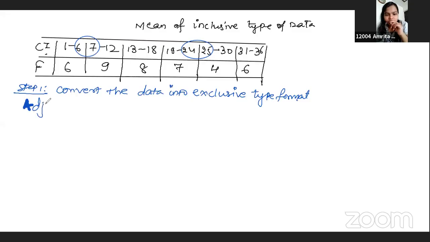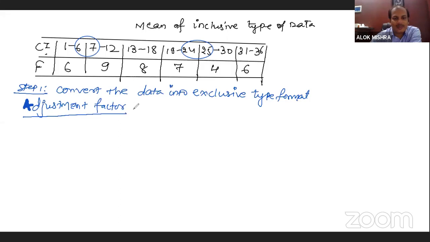Sir, to convert to exclusive data, what I have to do, I have to find the adjustment factor. Fine? Yes, sir. Adjustment factor is what? How do I write it out?